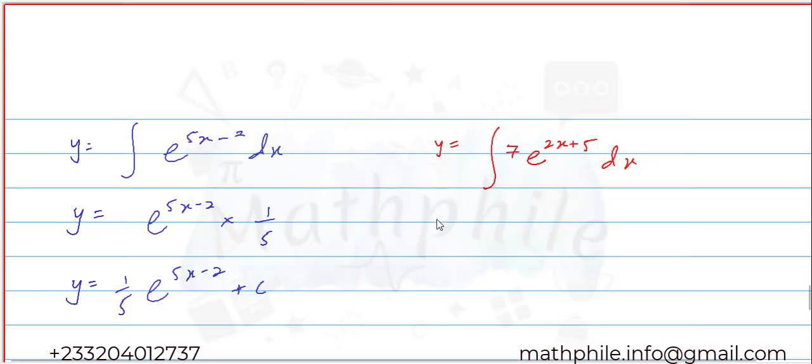With this one, y is equal to 7 e raised to the power 2x plus 5 multiplied by 1 over the differential of what is on top, plus c. And y is going to be equal to 7 over 2 e raised to the power 2x plus 5 plus c. So that's the integration of exponential functions, and that would end today's lesson.